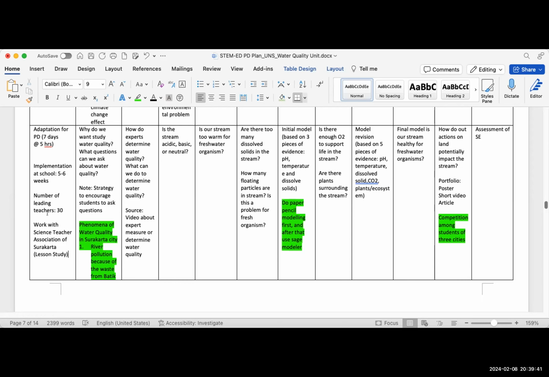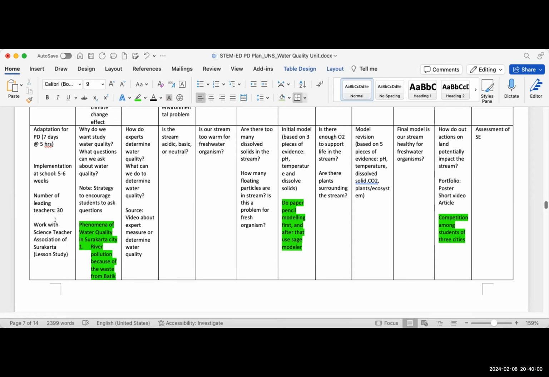Compared to general teachers, leading teachers have the ability to adapt when we introduce new things. So we work with the Science Teacher Association of Surakarta, about 30 teachers from Surakarta.